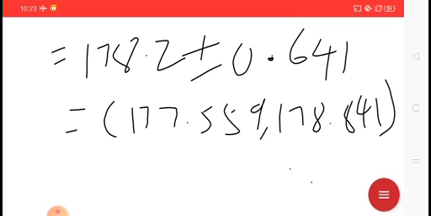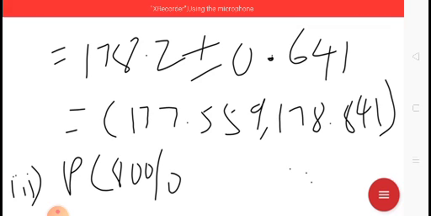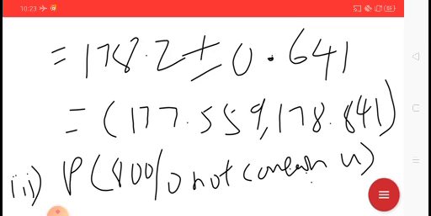You know that the 80% confidence interval will contain the mean, so the probability of not containing the mean will be 0.2, because 80% contain the mean, so the not-contain part will be 0.2. 20% will be 0.2, the probability.